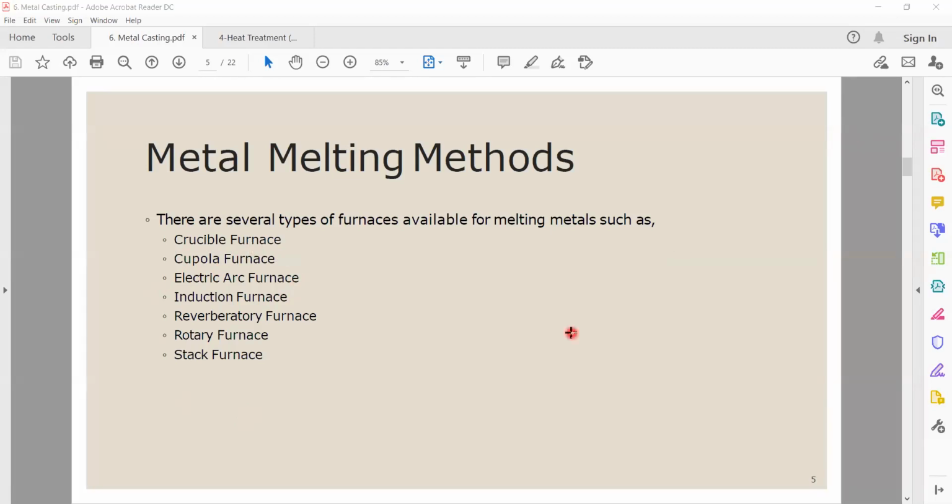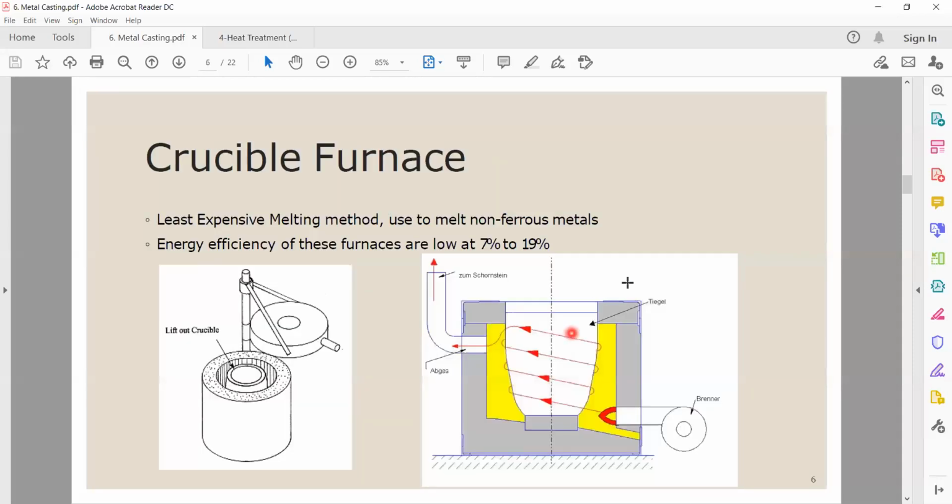So just see here, this is a crucible furnace. This is the outer sketch of this crucible furnace. This is the inside cross-sectional image of this crucible furnace. See here, inside there's a round shape drum available. So you have to put your metal inside this drum, and then there's a place here where you give the heat or ignite this furnace.